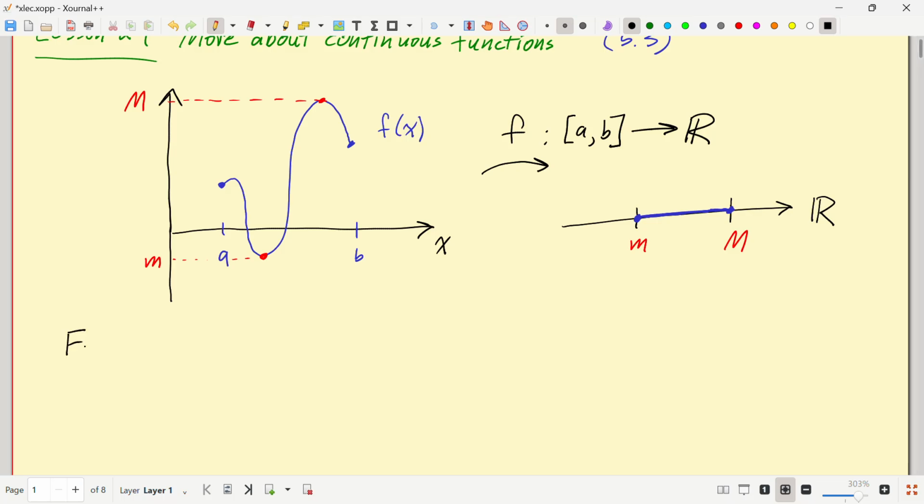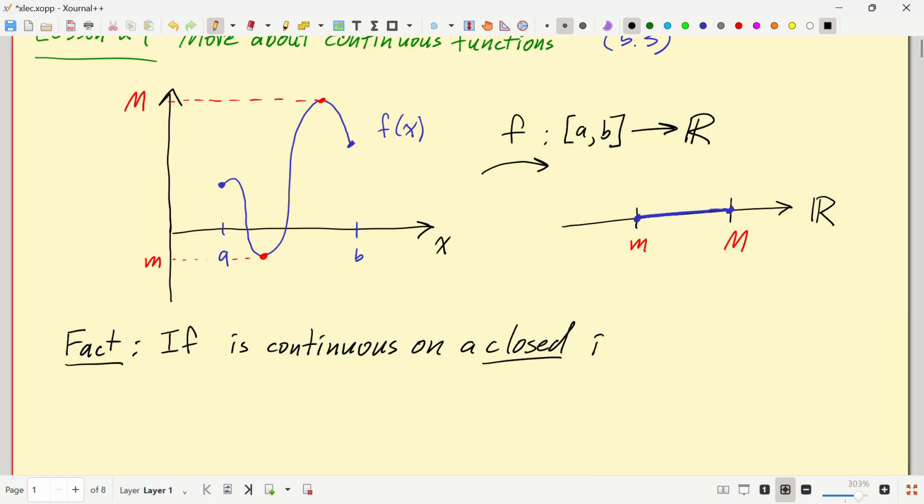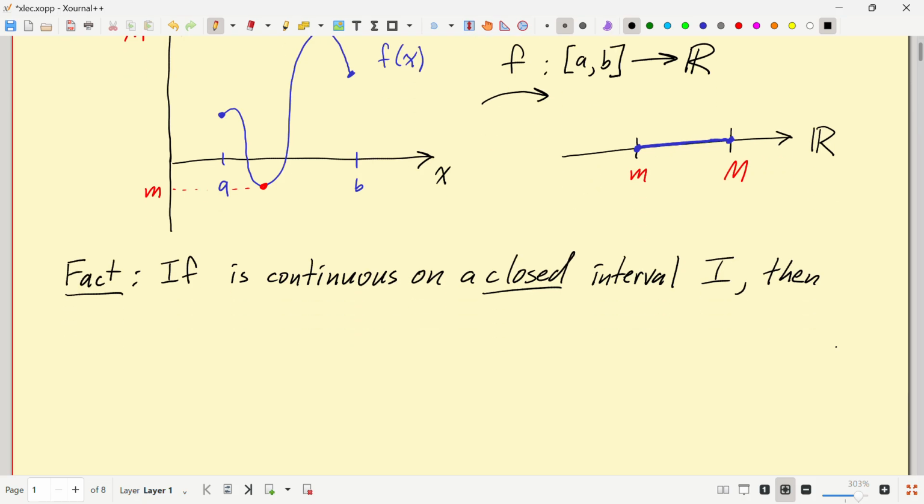So the fact was, if f is continuous on a closed interval, closed is important here, then f maps the closed interval to a closed interval.